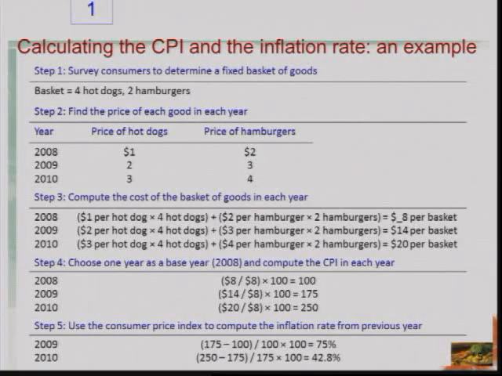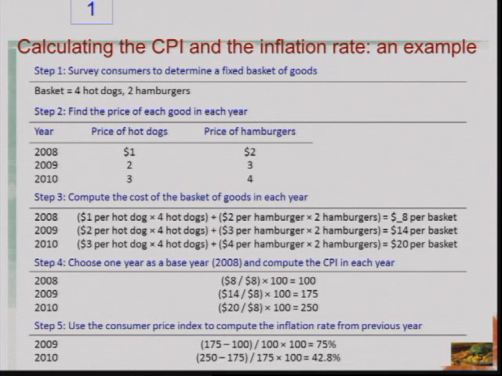The 2009 CPI, which we figured out over here, minus the previous year's CPI, that would be 2008, and the CPI for that's right here, divided by the previous year's, is 75% inflation. Okay, 2010, that's this year's CPI. We got that from the 2010 number, minus the previous year's, that's 2009, divided by the previous year's times 100. Okay, so this is how you do it. Price times quantity, calculate CPI, and then you can figure out the inflation.